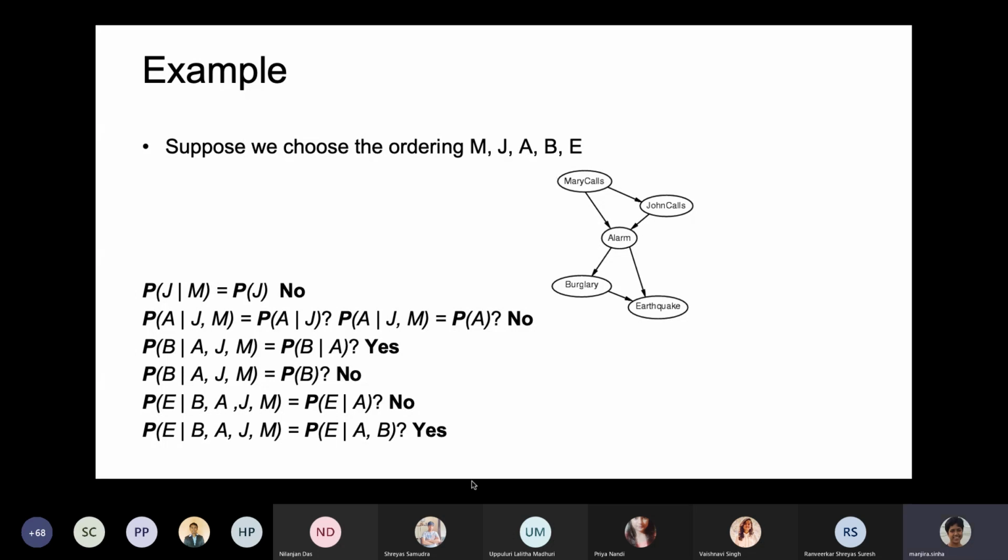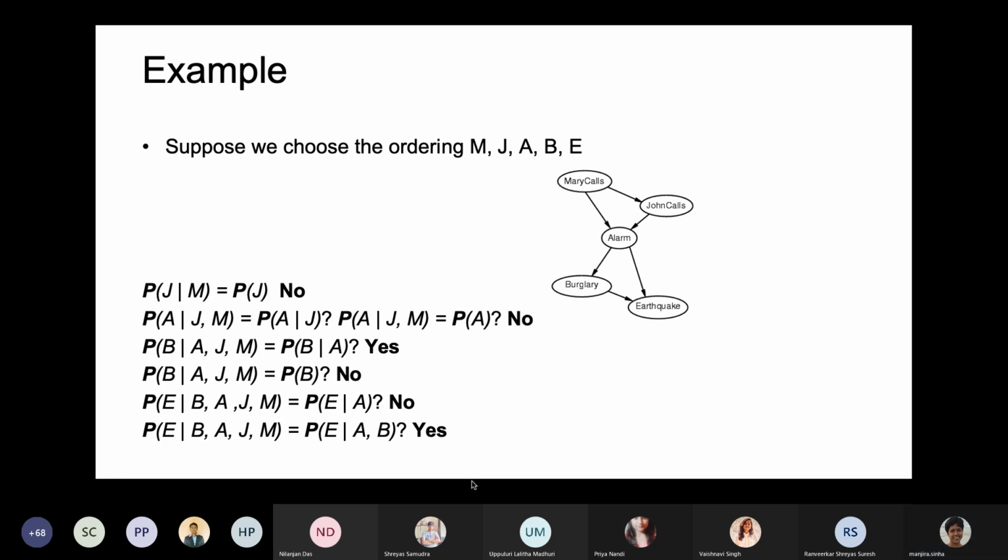In this case, we are just assuming that we have a set of random variables and we are assigning an order to them, picking them up in that order and adding them to our network with suitable connections.